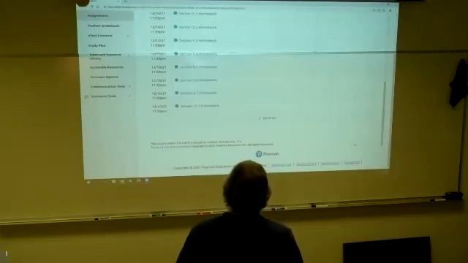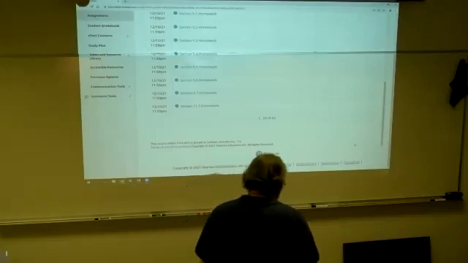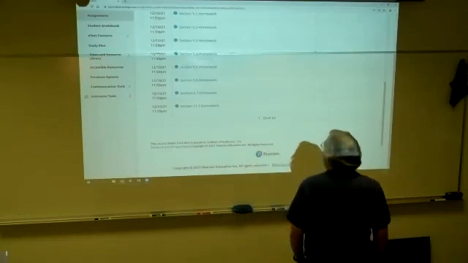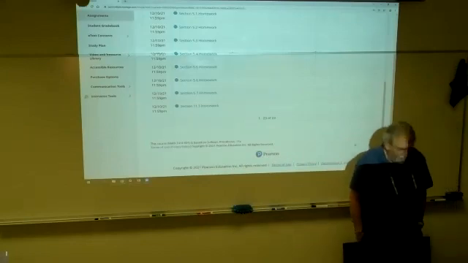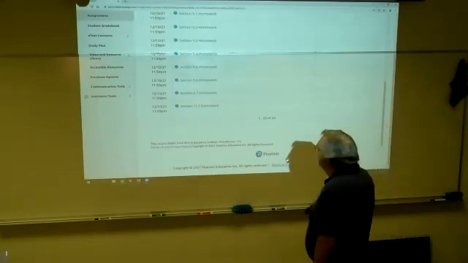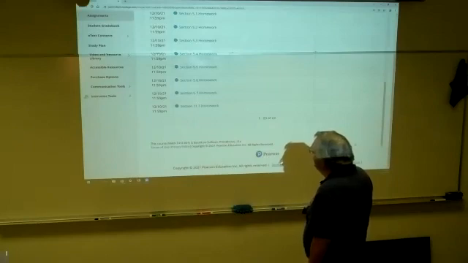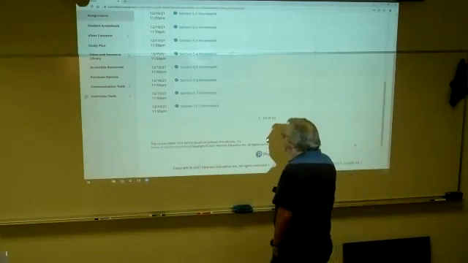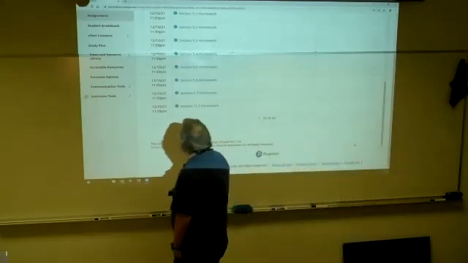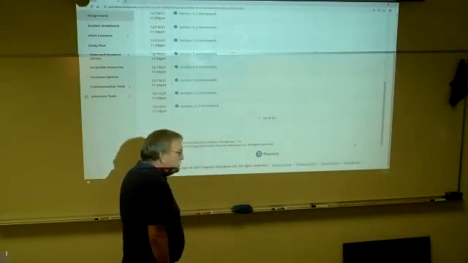Sections 5.1 and 5.2 deal with composite functions, one-to-one functions, inverse functions. Sections 1, 2, and 3, I believe. Sections 4 and I think 5 deal with exponential functions.